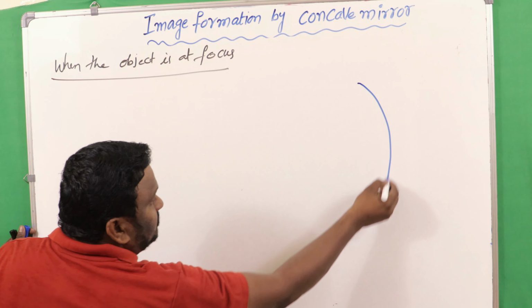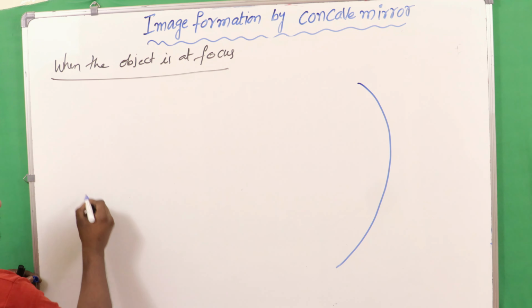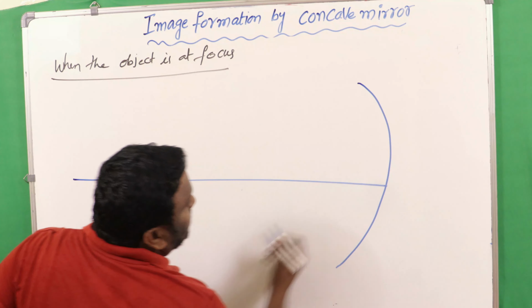So this is the concave mirror and this is the principal axis, clear. Now this is the object, at the focus, and this is the pole.